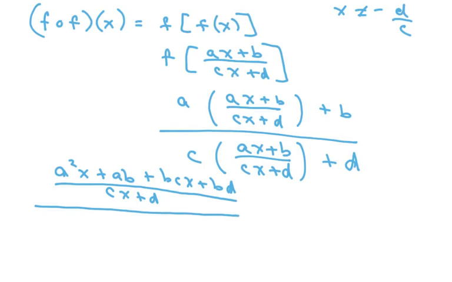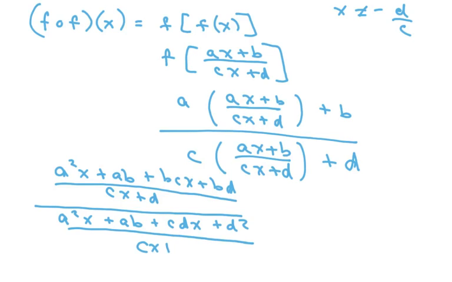And then this is a complex rational, so we're going to have the denominator a squared x plus ab plus cdx plus d squared all over cx plus d.